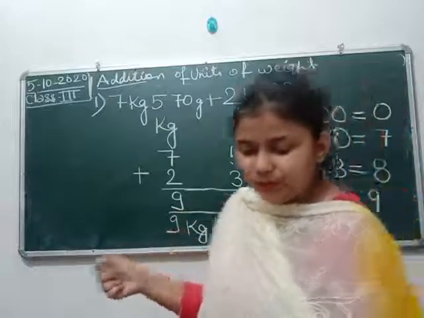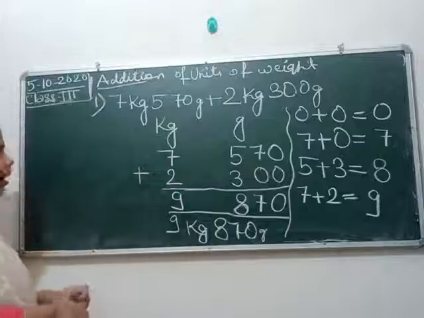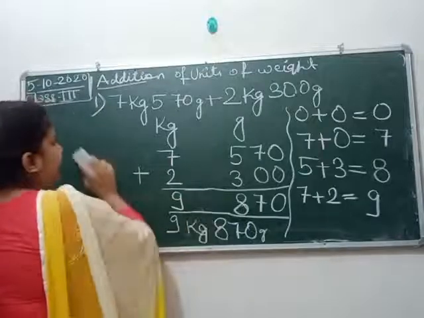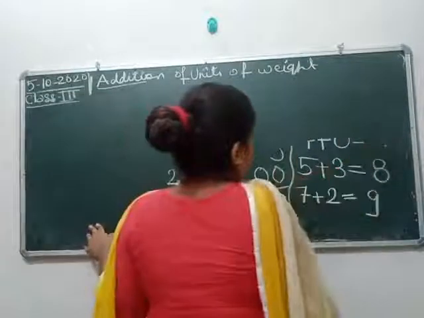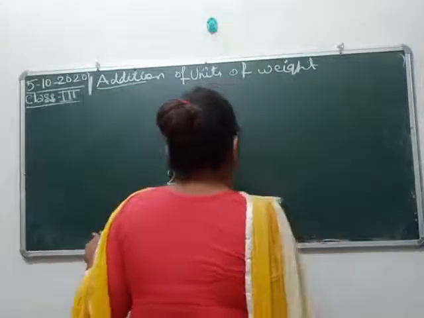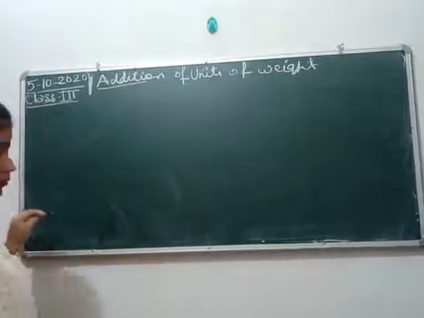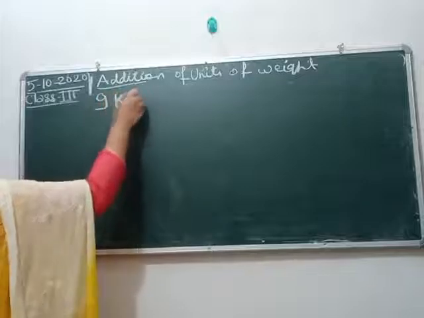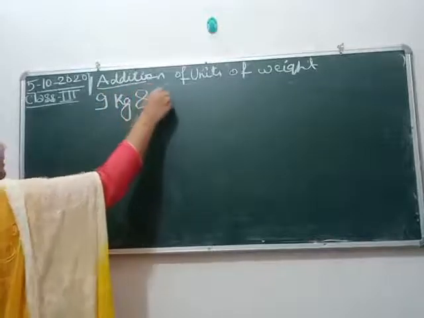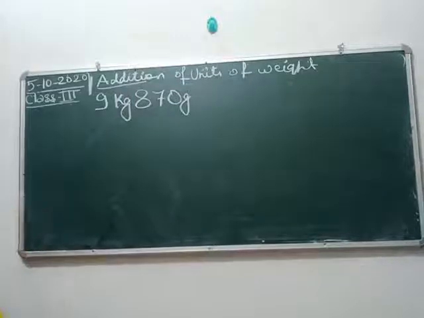I am going to erase, and we will get back to the topic after seeing how we can convert. Now my question is: 9 kg 870 gram, and you have to change this into gram. So how will we do it?